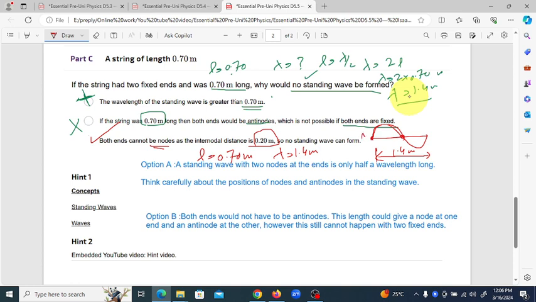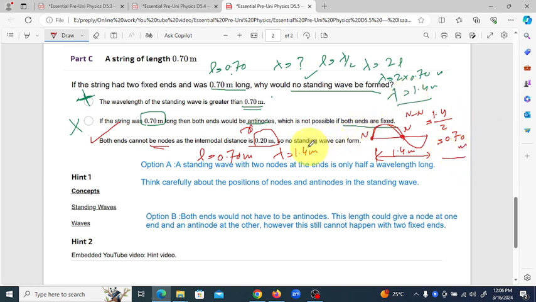The internodal distance must be half of that, 1.4 divided by 2. Node to node distance must be 0.70 meter.